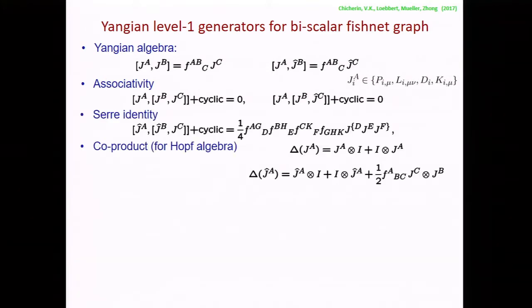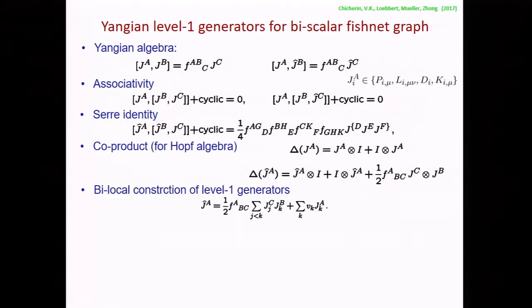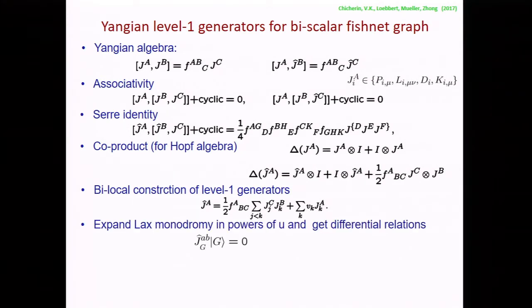Then there are standard relations, associativity, the level 1 serendipity, definition of coproduct, because we act on various sites of our spin chain, and then we can construct the generators of level 1 in a standard way. It's known that you can add a linear combination of level 0 generators, and the whole interest is in computing this VK, the coefficients, which are arbitrary for this algebra but specific for each graph.